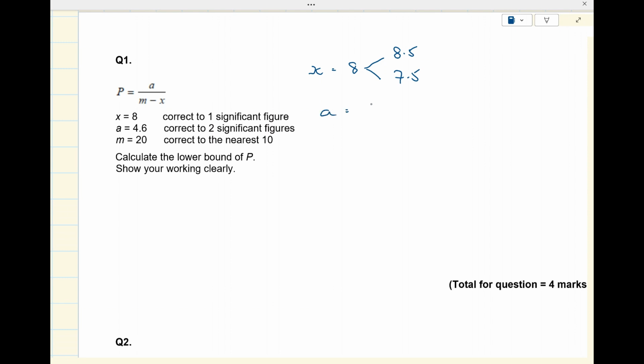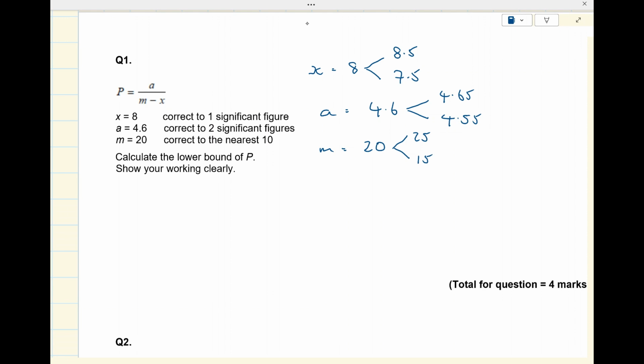A is 4.6 to two significant figures, 4.65, 4.55. And m is 20 to the nearest 10. So half 10 is 5. So I'm going 5 up and 5 down.